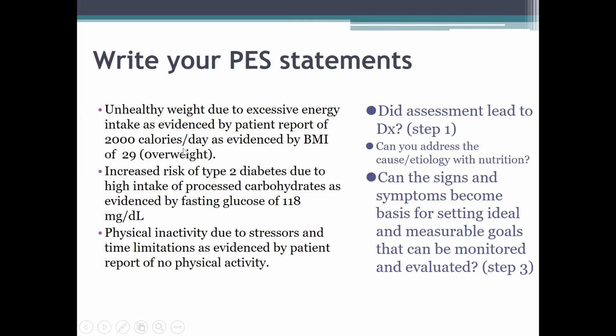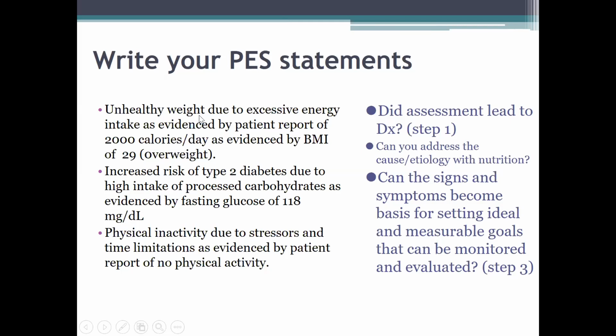So this is a bad PES statement. This was not correctly worded, and if I was grading my own work, I would take points off. But let's pick out the good parts. So unhealthy weight, is that true? Did the assessment highlight that? Yes, it did, because we know that her BMI is 29, and that puts her in the overweight category.